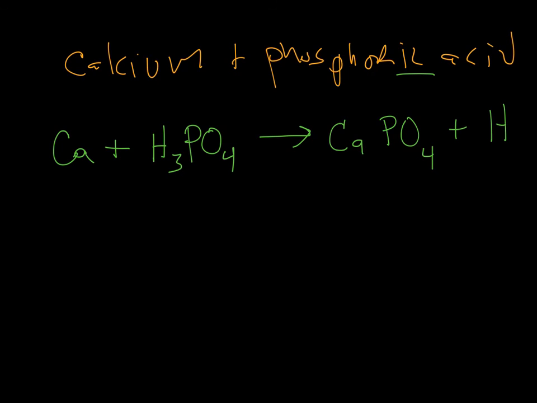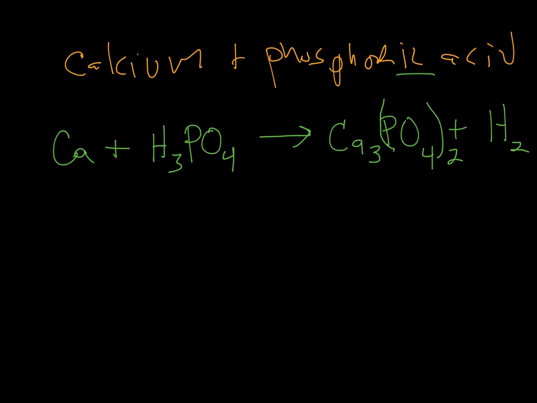Now when hydrogen is by itself, because it's one of those special 7 elements, it gets a subscript of 2, and calcium has a charge of +2, phosphate has a charge of -3, so when you cross the charges, it becomes Ca3(PO4)2.